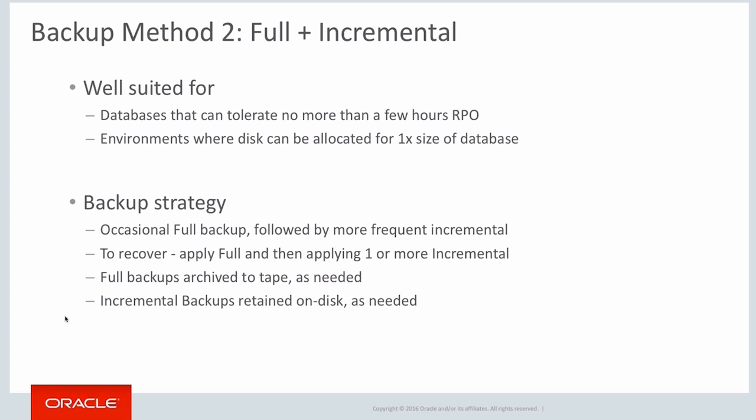Then you do incrementals throughout the day to meet your recovery point objective. To recover, you apply the full backup and then apply the incrementals to that. Sometimes the RTO, the time it takes to recover, might increase, because you're pulling everything forward from one point, but you're reducing the data loss. That's just the trade-off.